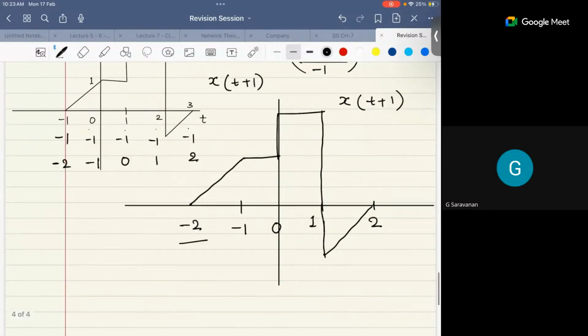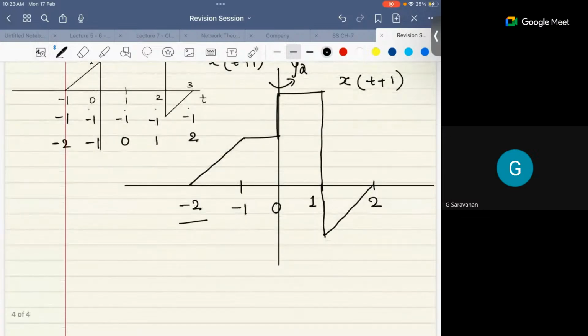Or what you can do is, for time reversal, you can take it like a rotation, or you can say the image in the y-axis. That also will work. Whatever the value that was there, multiplying axis by minus 1 or dividing with minus 1, both are the same because we are doing the time reversal. So whatever the value that is there at minus 2 will go to 2.